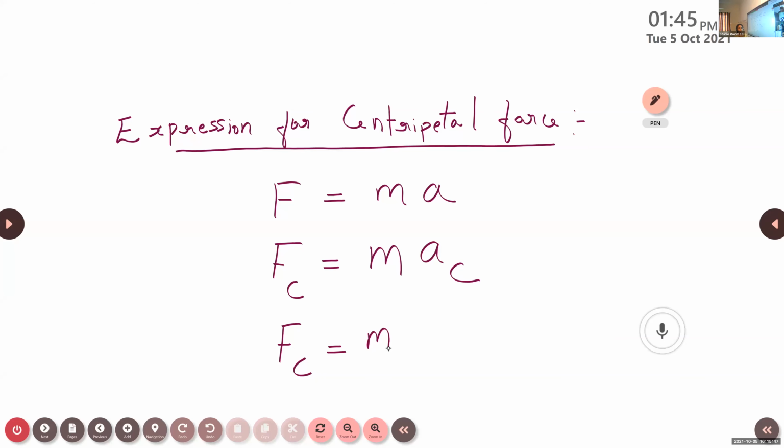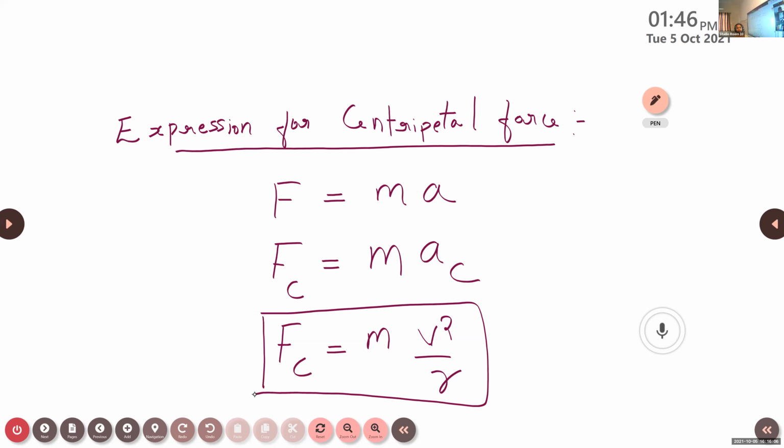What is the equation for centripetal acceleration? It is V square by R. So this is the equation for centripetal force. Fc is equal to mv square by r.